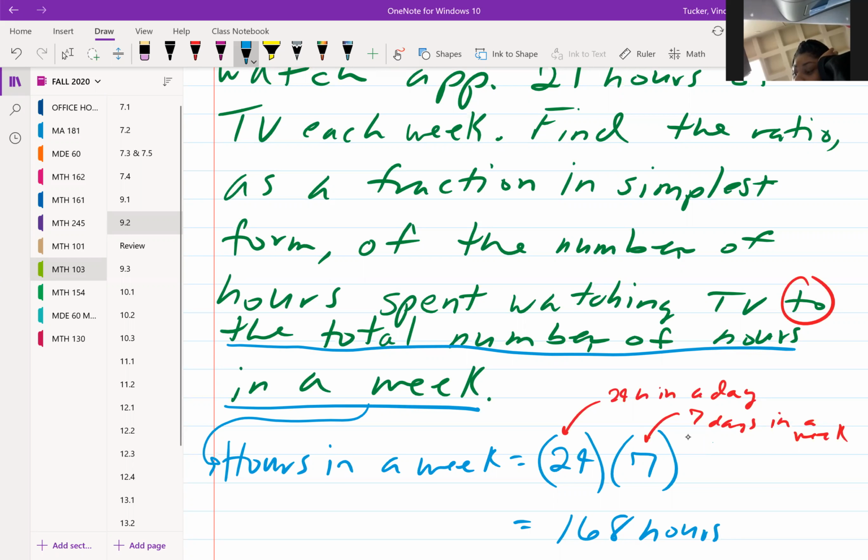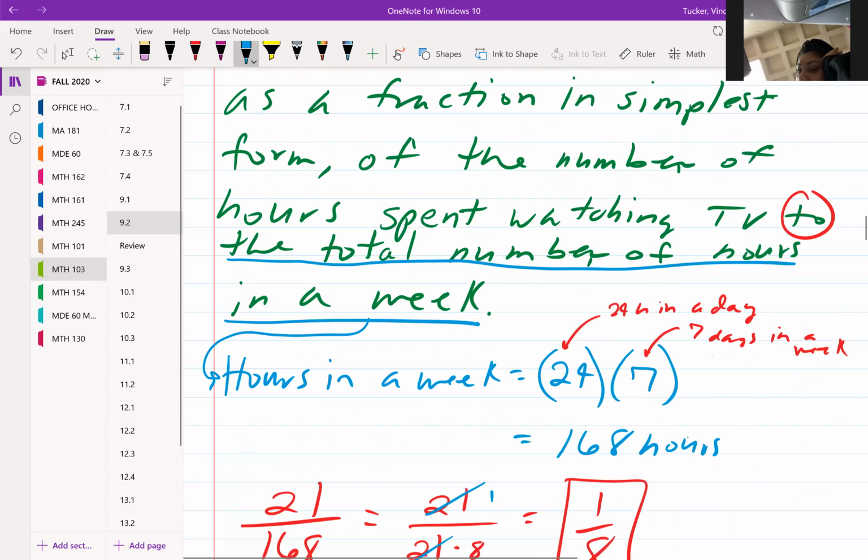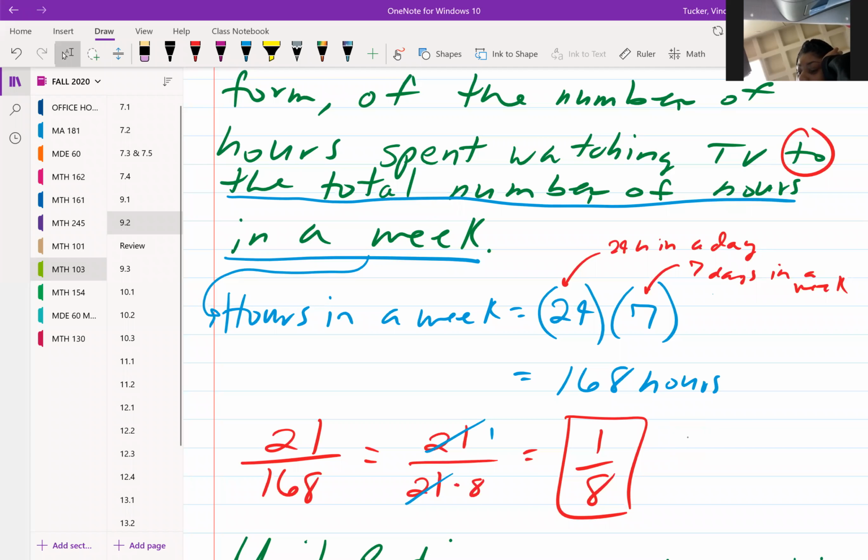And in front of that 2, we're talking about the number of hours that they spend watching TV, and that was given to us here, 21 hours. So you put that 21 over 168, and then you can reduce it because 21 times 8 is 168. That 21 cancels out completely, and that'll give you 1 over 8. Don't forget, if it cancels out completely, that's when 1 is left right there. So the 21s cancel, and we got 1 over 8.